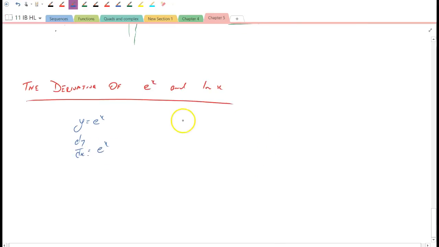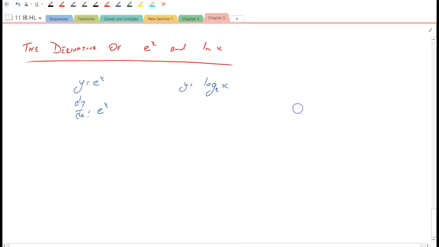But what about when y equals log base e of x? Now, as I go through this work, I don't tend to use ln. I like to see it as log e. What is dy/dx equal to here? So that's one to explore.